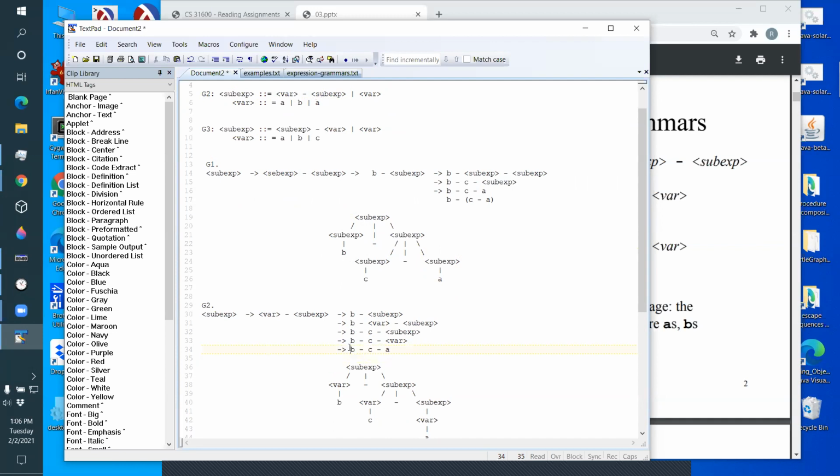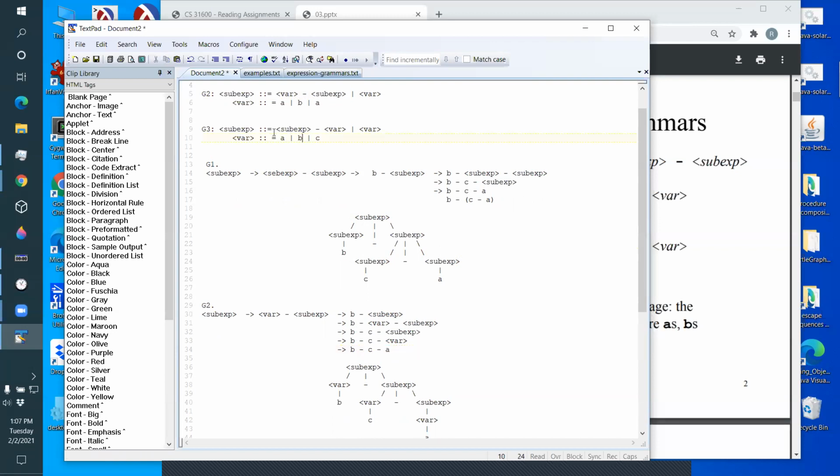You don't have any choice because, see, this one limits you on the left. It says you've got to start out by giving me either just one letter or one letter followed by a sub-expression. So you're forced to put the B by itself, then this is the sub-expression. So grammar 2 groups things on the right.